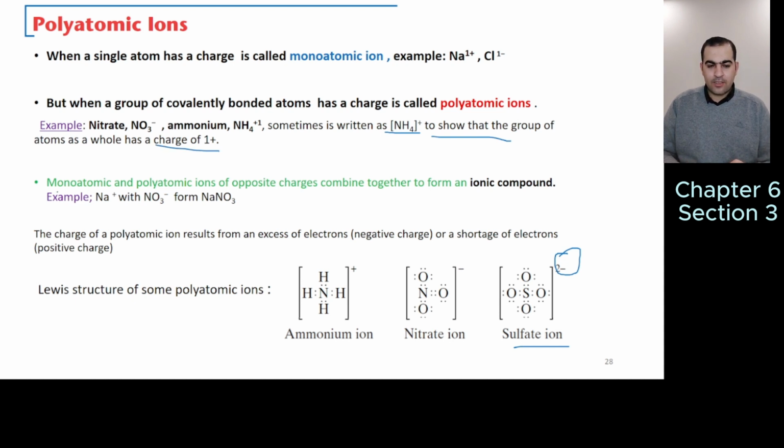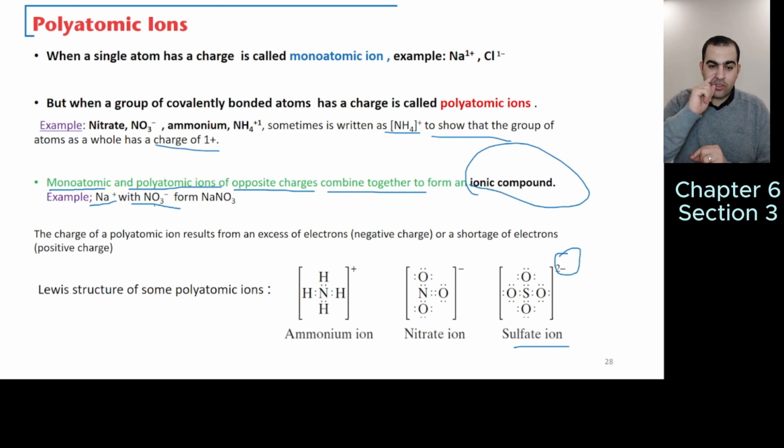Monoatomic ions are also important, and polyatomic ions too. Opposite charges combine together to form ionic compounds. Na is a monoatomic ion, and this one is a polyatomic ion. Polyatomic ion means two or more atoms, and there must be a charge. Ionic compounds are made of a cation and an anion, so they must have opposite charges.